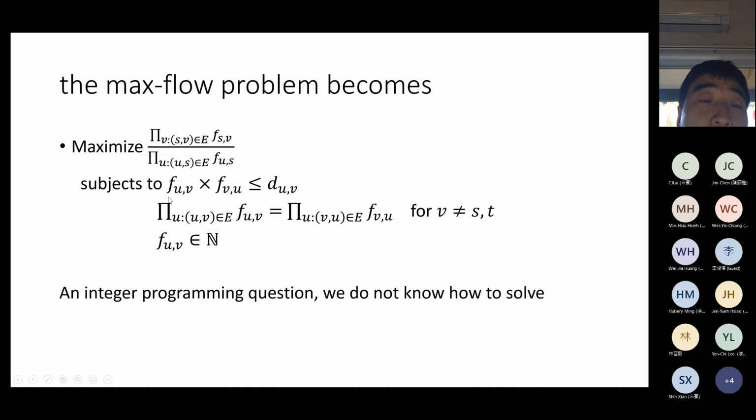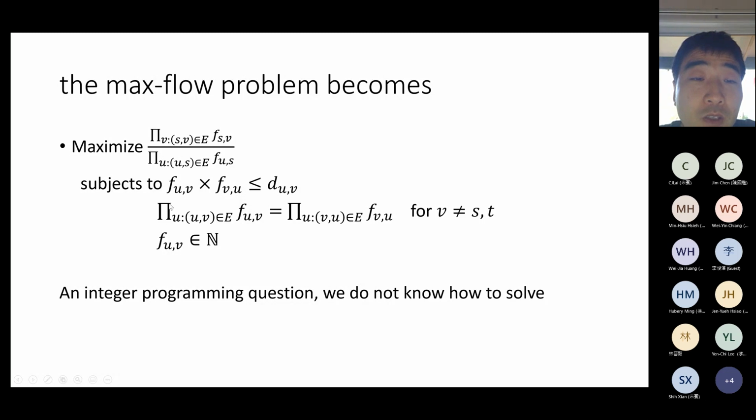The condition is that FUV times FVU is smaller than DUV, in the sense that because we have a dimension DUV maximally entangled state, we can split it into two. One is used for one direction, the other for the other direction.